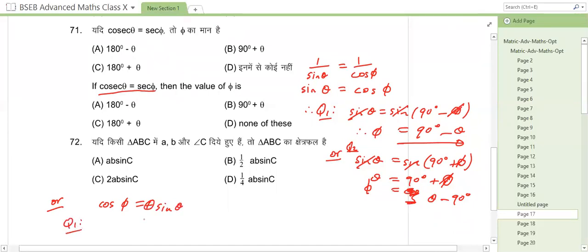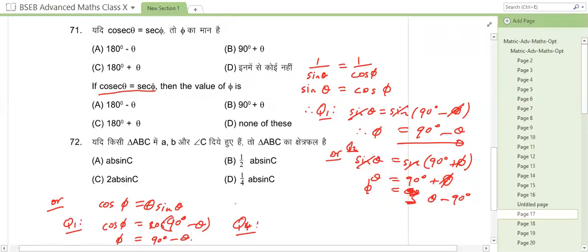Quadrant 1 and quadrant 4. So of course we are using 270. So cos phi is equal to cos of 90 degrees minus theta, which is therefore phi equal to 90 degrees minus theta.